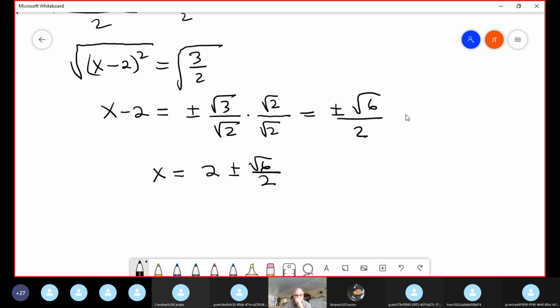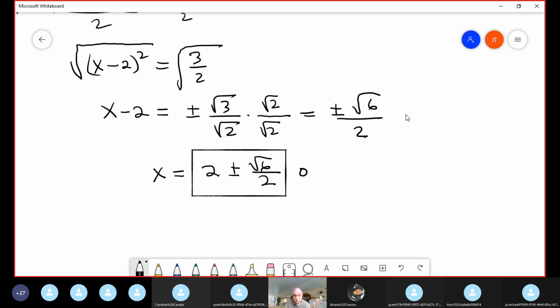This is perfect. However, I like to manipulate it a little bit. Guys, in algebra, there are many ways to express one answer, and these are equivalent. It doesn't matter if you leave it like that, you have 100 points.